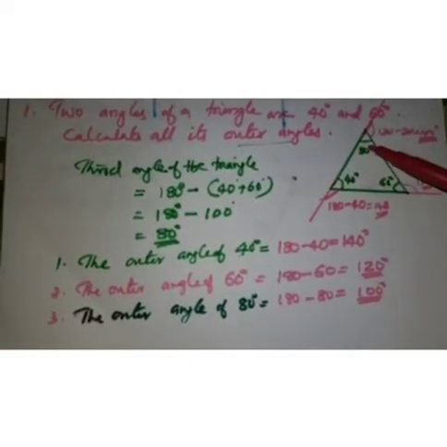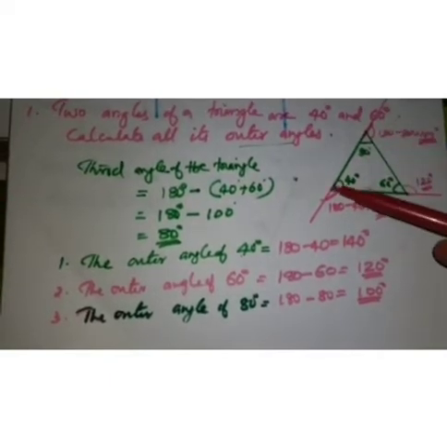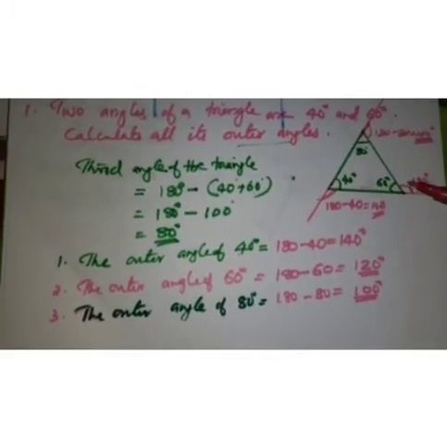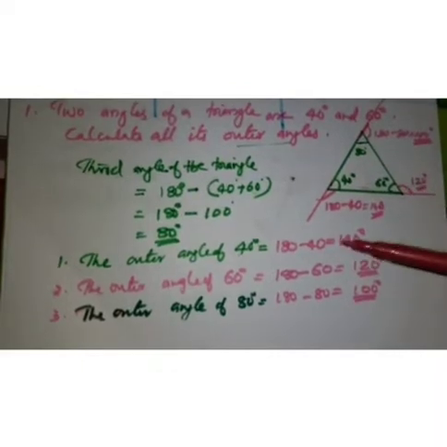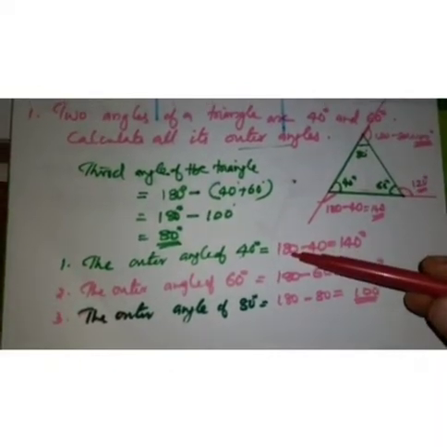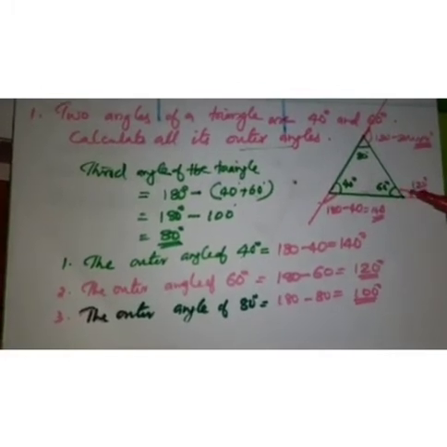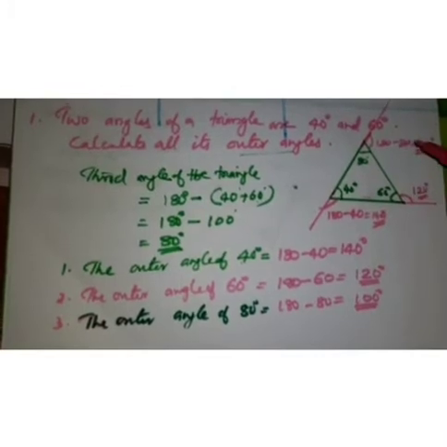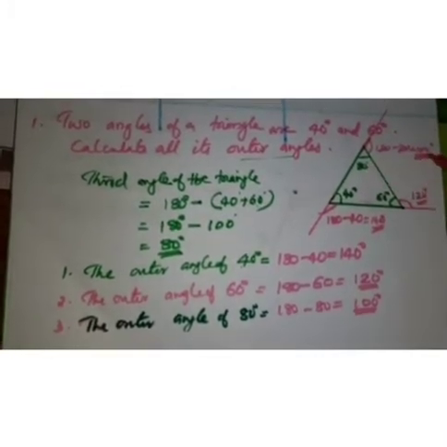Sum of angles of a triangle is 180, and from that you have to extend the vertices. Then you have to find out the outer angles. Inner and outer angle together, it is a linear pair. So linear pair, the sum is 180. 180 minus the inner angle 40, so 140. 180 minus inner angle 60, so 120. 180 minus inner angle 80, so you will get 100.